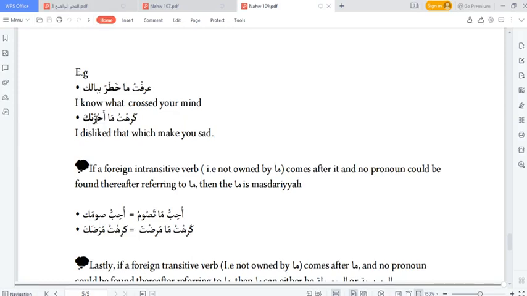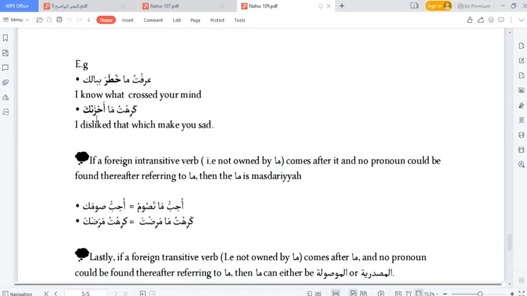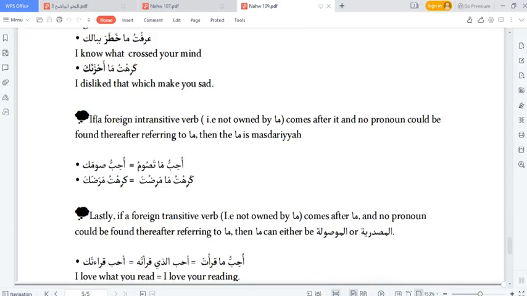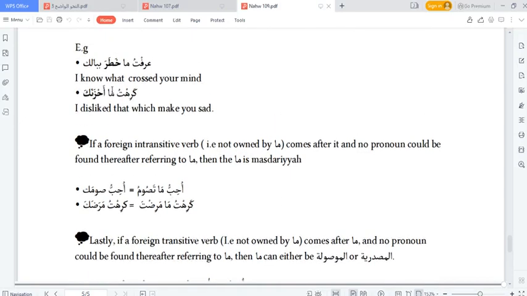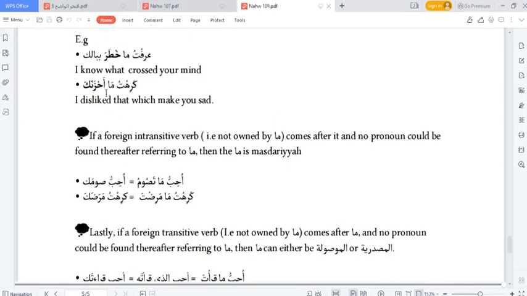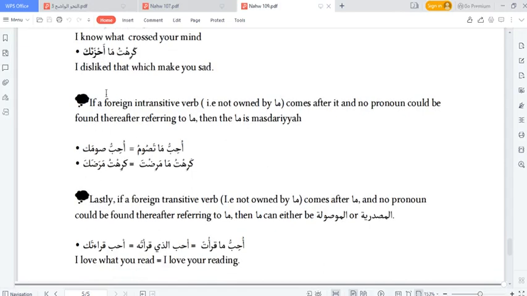I hope you get. So that's another way of differentiating between them. If the verb coming after it is either transitive or intransitive, but it is meant for the ma, meaning we can see a connection between them by seeing an implicit pronoun, damir mustatir, in it, then definitely it's ma mausula.